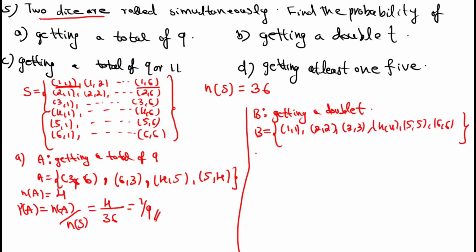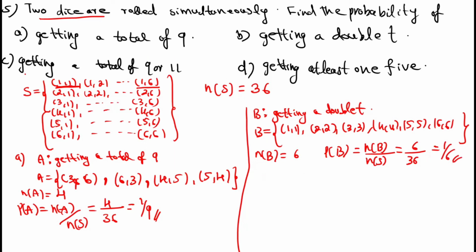Okay, then n(B) is equal to how much? n(B) is equal to, count, 1, 2, 3, 4, 5, 6 is there. So probability of B is equal to n(B) divided by n(S). It's equal to 6 divided by 36. Its value is equal to 1 by 6.